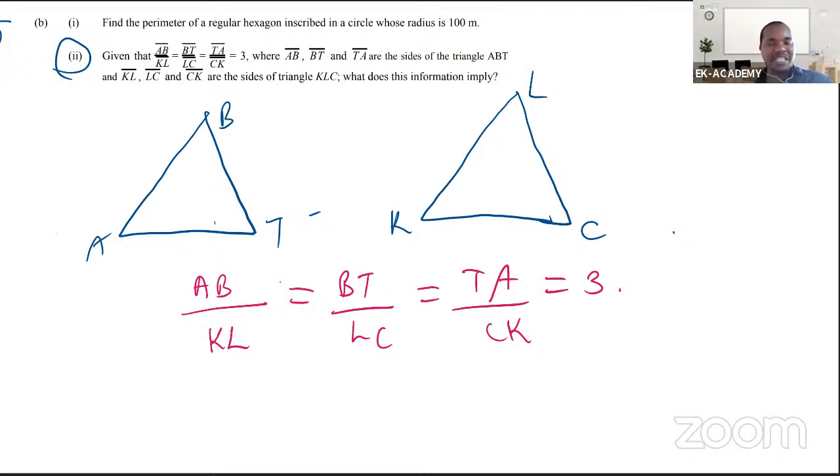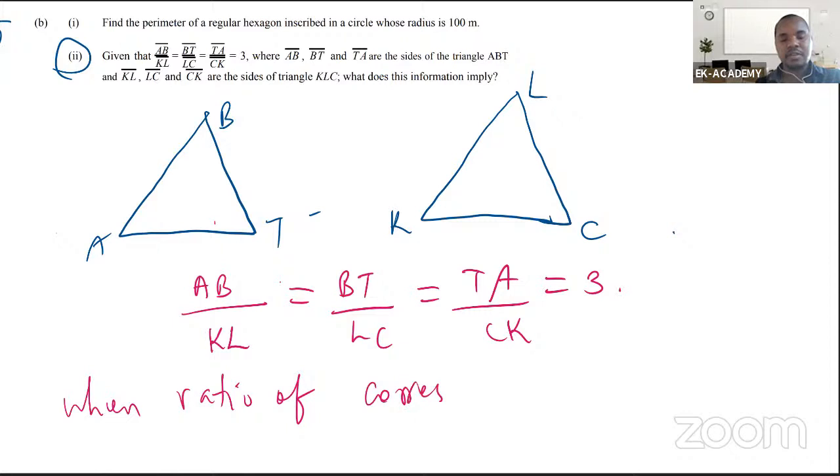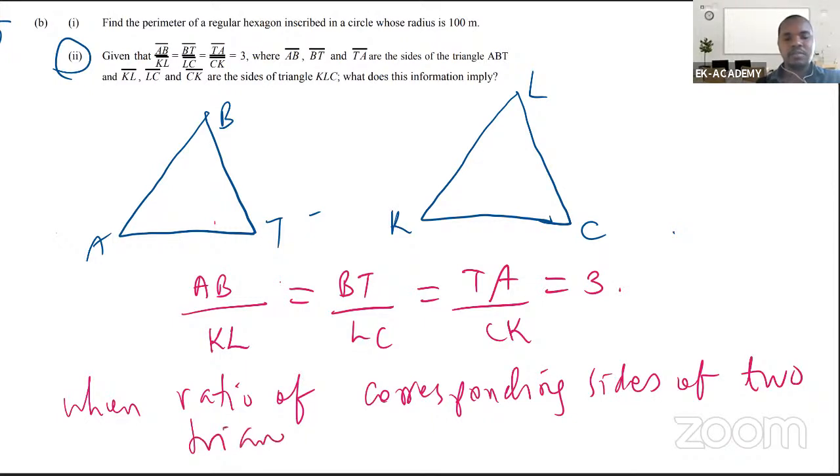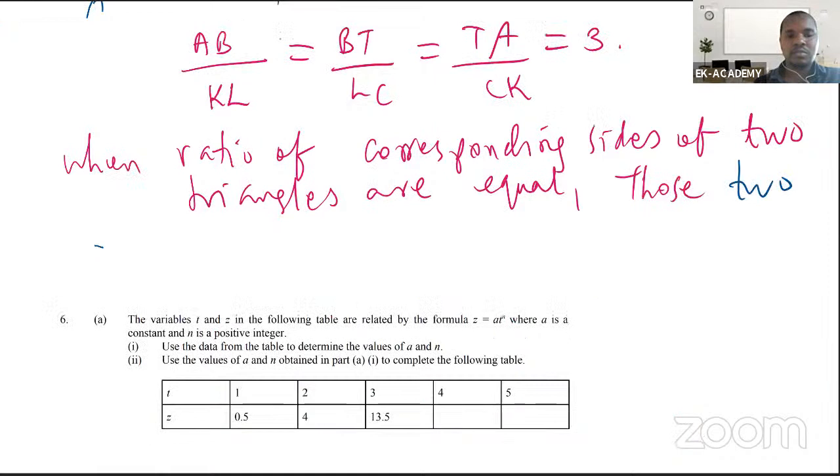This information implies that these two triangles are similar, because when the ratios of corresponding sides of two triangles are equal, those two triangles become similar.